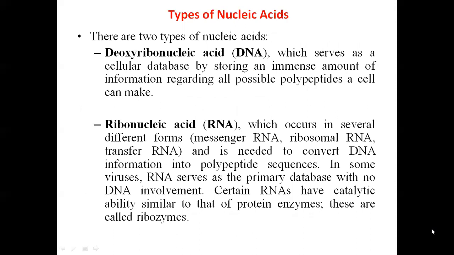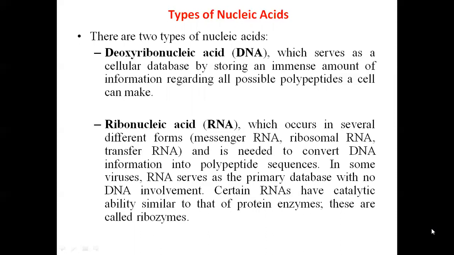Deoxyribonucleic acid serves as a cellular database by storing an immense amount of information regarding all possible polypeptides a cell can make. The other nucleic acid is ribonucleic acid, which occurs in several different forms like messenger RNA, ribosomal RNA, transfer RNA, and is needed to convert DNA information into polypeptide sequence.